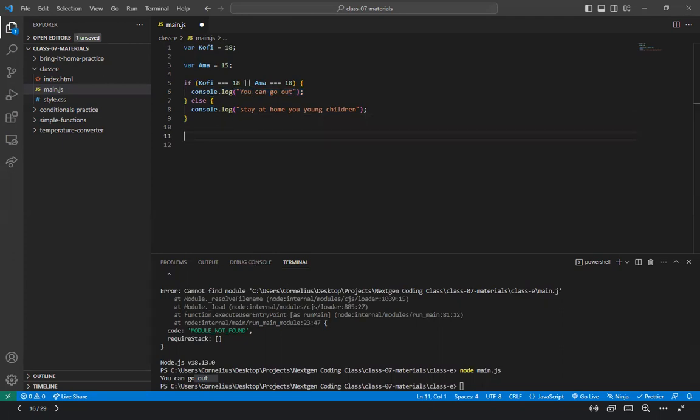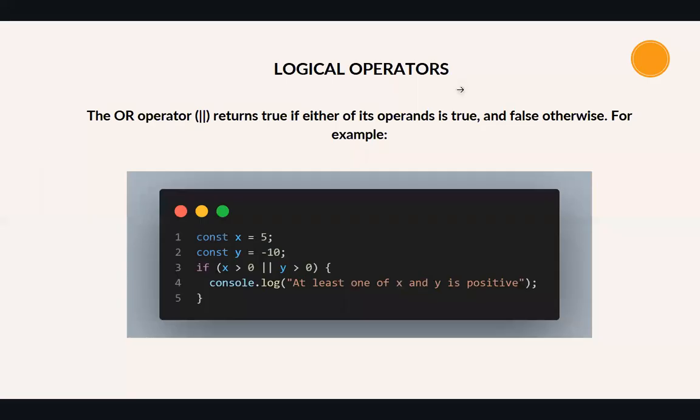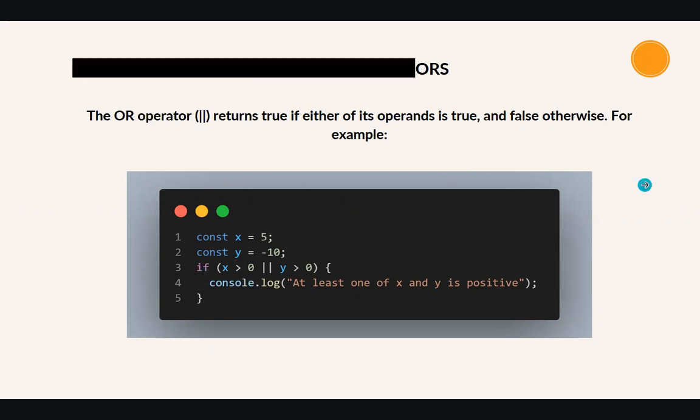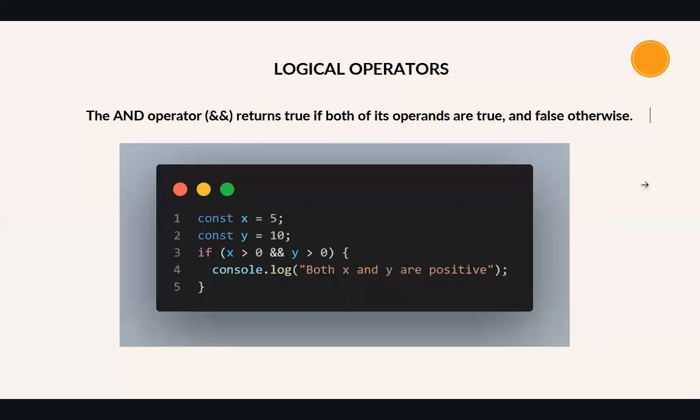The opposite of it is the and operand. So for the and operand, I hope they all make sense. With the or, if either of them is true, then whatever we are saying should happen will happen. But for and, both of them have to be true. So when we use the and operand, it means that both conditions have to be true.